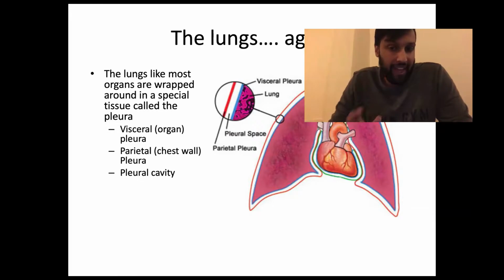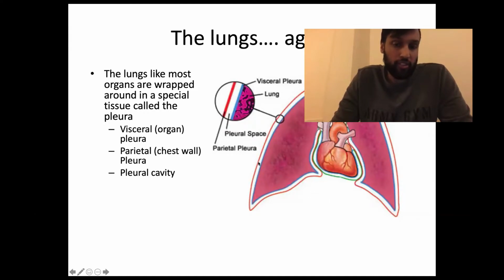What can actually happen is, let's say somebody has had some pathology where an opening has been made in the lung. This space here can then be filled with air.